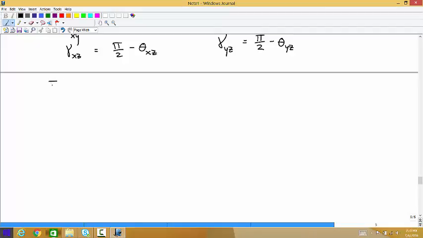The sign convention. So notice that if a shear strain is positive, the angle between positive faces gets more acute.